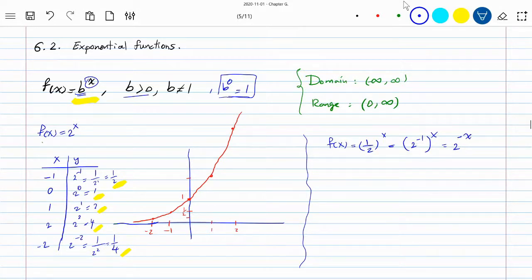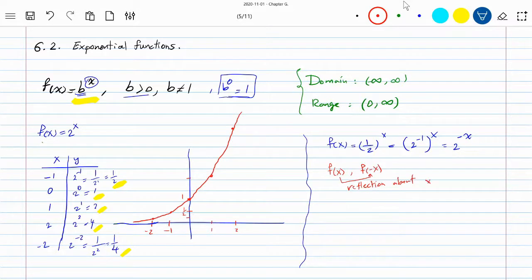And if you remember the relation between f of x and f of negative x, if you change x to negative x, that's a kind of transformation that we learned from graphing, and this is a reflection about the y-axis.